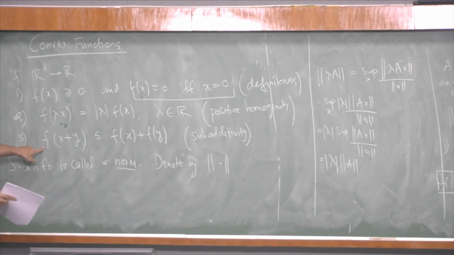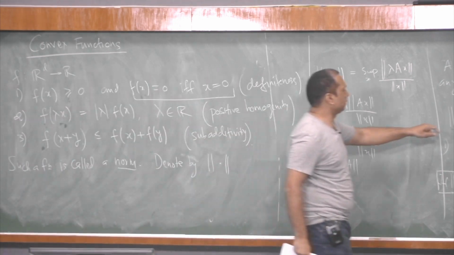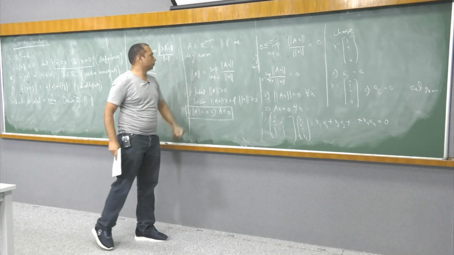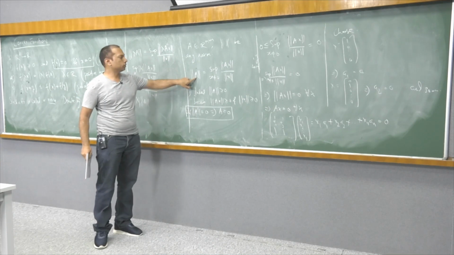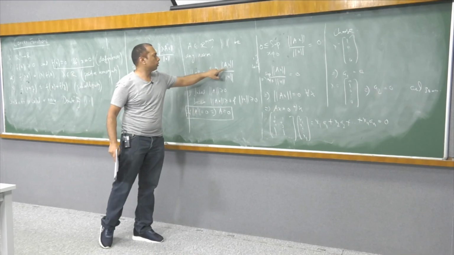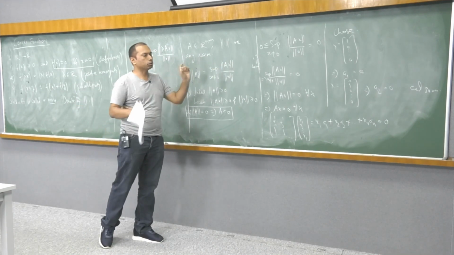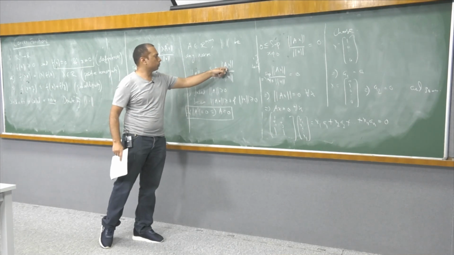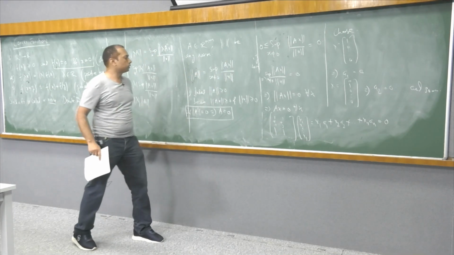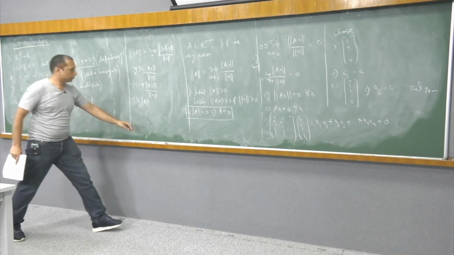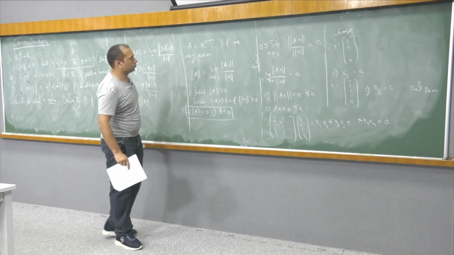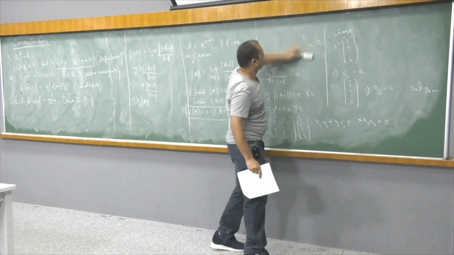And then the third one is also fine, because the inner one will be like A plus B now, two matrices, and then because this is a norm, so Ax plus Bx, the two vectors, and then sub-additivity for two vectors, and then the supremum splits. So that's also trivial. This is just one line.